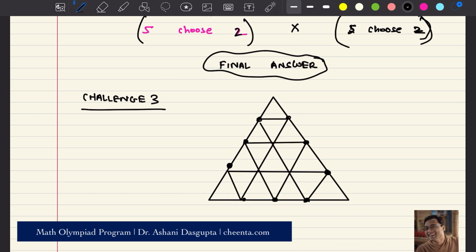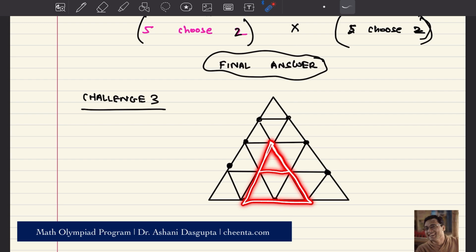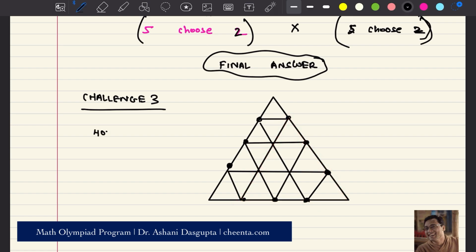All right, so the question is, how many triangles of all sizes are there? How many triangles of all sizes are there in this grid? How many triangles?